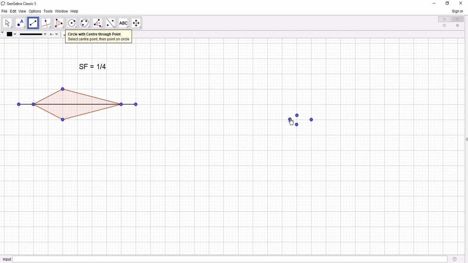And then I'm just going to join all my points up to make my shape. And that is your answer. Job done. Still looks a teeny bit squiff though, but I think I'm right.